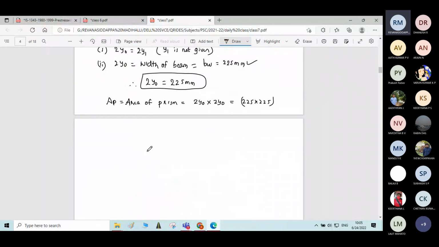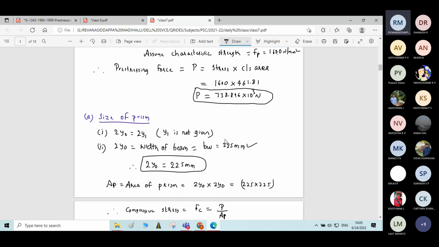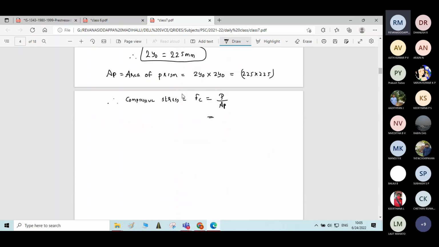The force P is calculated as 738.896 into 10 power 3, divided by the area of prism, 225 by 225.